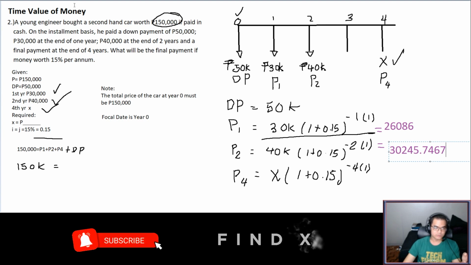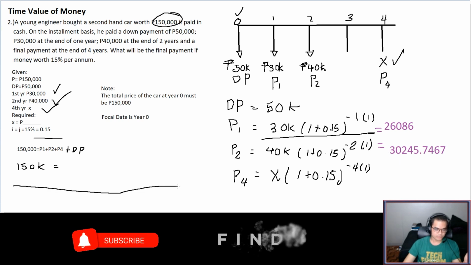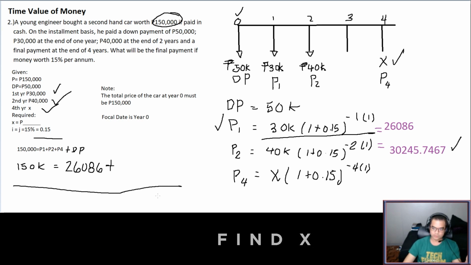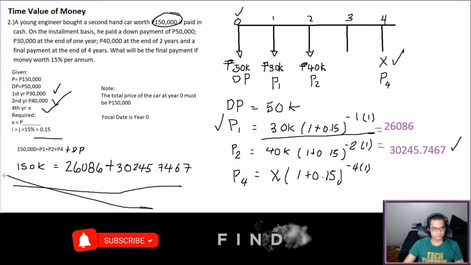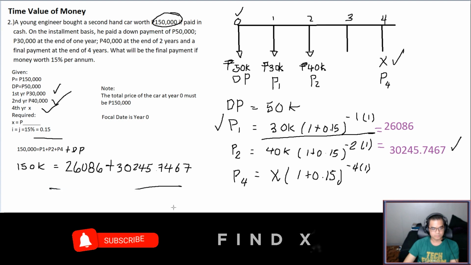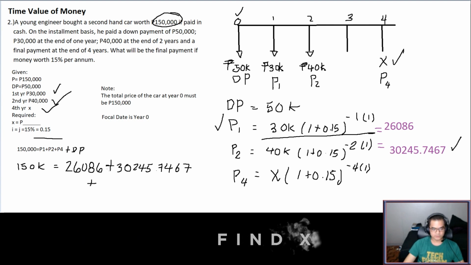Okay, so rewriting this one, you will have here 150,000 must be equal to the value of P1, which is 26086, plus the value of P2, which is 3245.7467, plus the value of P4.